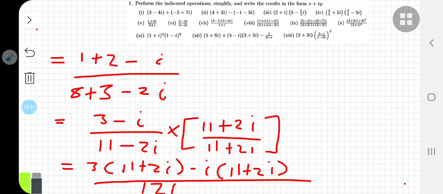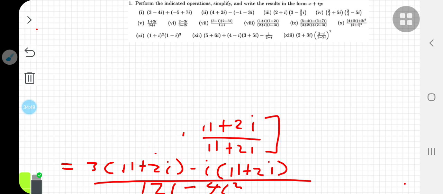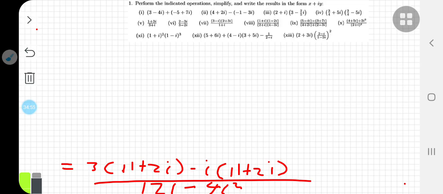Then minus 4i squared there. So I'm going to have something like so.